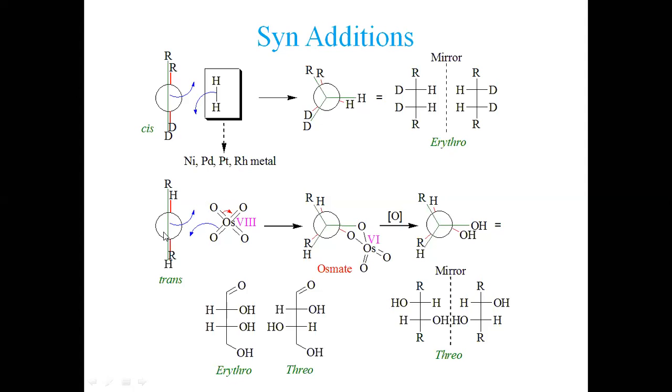If it is trans olefin, we always end with threo. If we have a cis olefin and osmium tetroxide is adding, we shall get erythro, not threo. So this is a stereochemically very important aspect that you should remember. Now I'm going to the next presentation to show how osmate converts into this entity, how this osmium oxygen takes up.